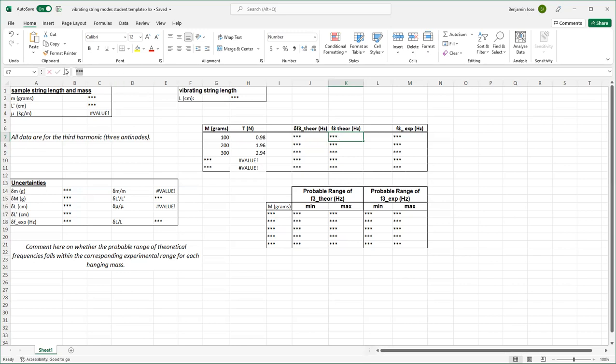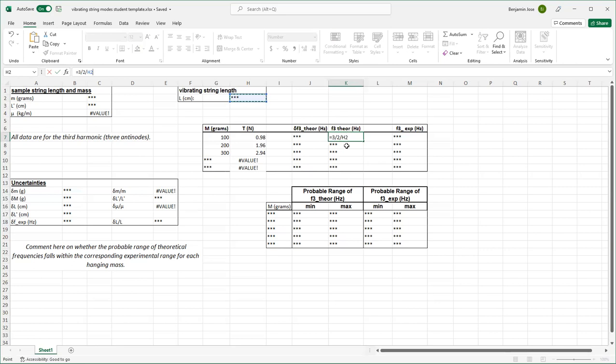Okay, so here's where you would enter equals. From memory here, isn't it 3 times the fundamental frequency, which is 3 times 1 over 2L. I could do it like this: 3 divided by 2 divided by L. Okay, here's an important point, and I don't mind telling you this because we didn't go over it in class.